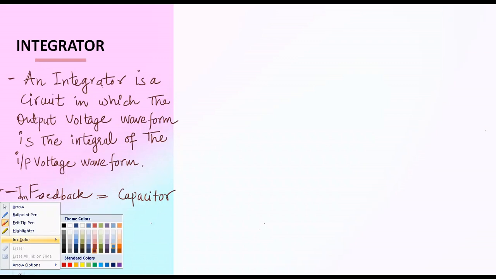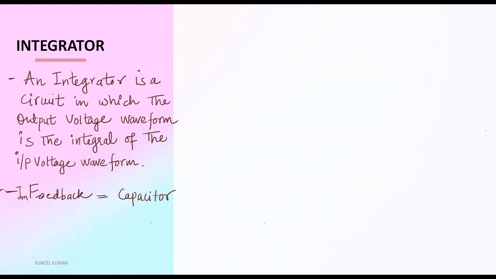We will draw the circuit diagram of it. This is the symbol of the op-amp. This is the output terminal, taken at pin number 6. We have two inputs: one is the inverting terminal, the second is the non-inverting terminal.